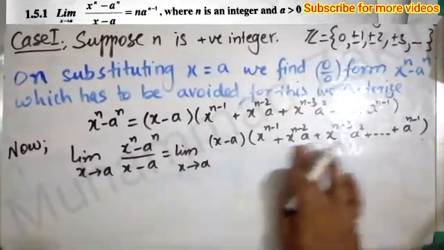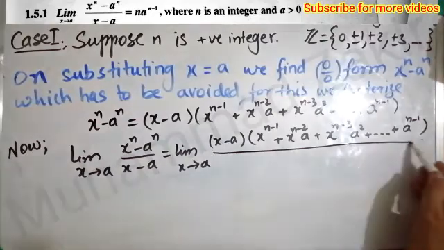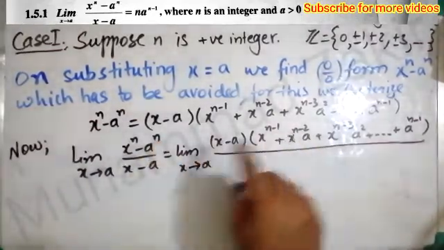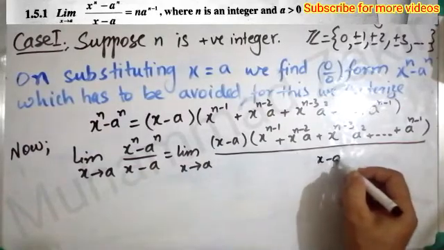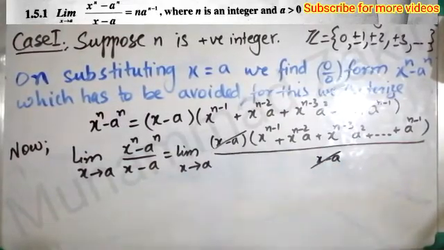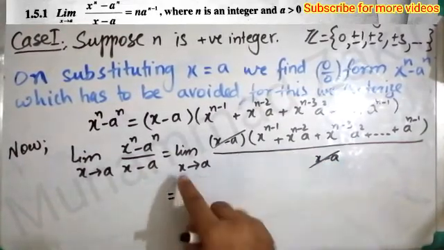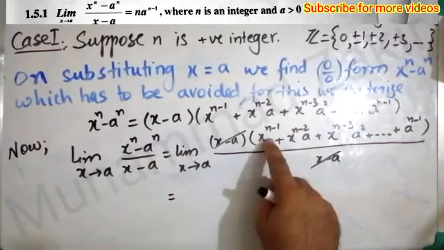We write the numerator factorized and the denominator unchanged. The x minus a cancels, and now x approaches a, which means x will be replaced by a.